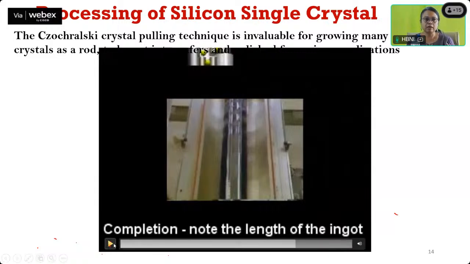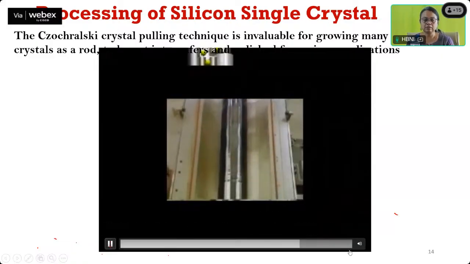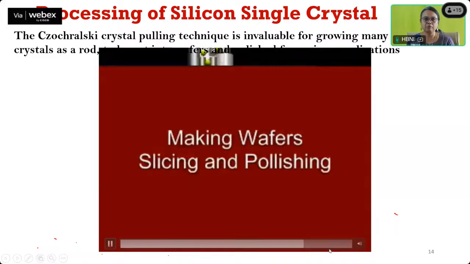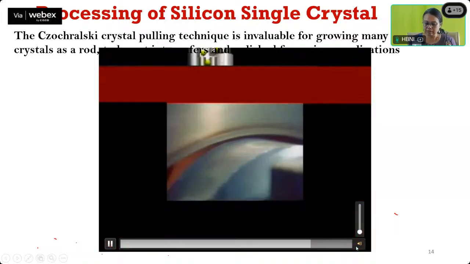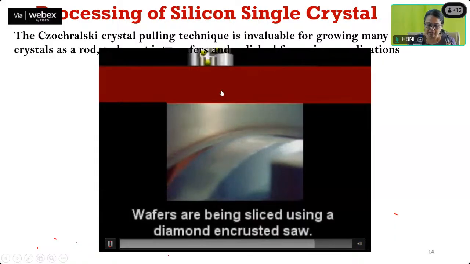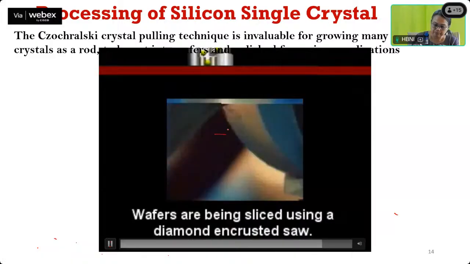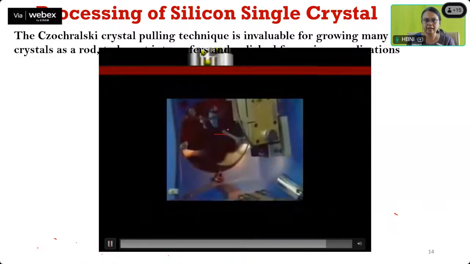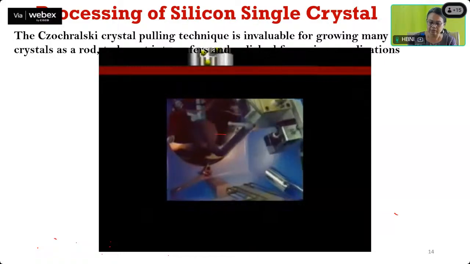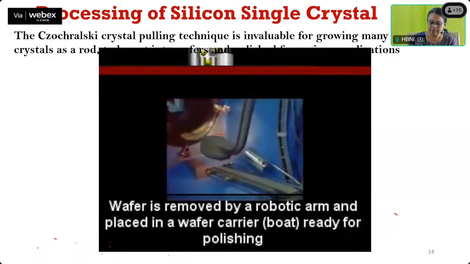We have to cut and polish it and make wafers. So first the crystal is there, then we do wafer slicing and polishing. You can see here the crystal, it is not very clear, but slicing is happening here. There is a blade and now you can see the slice.